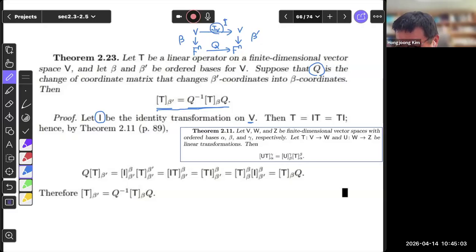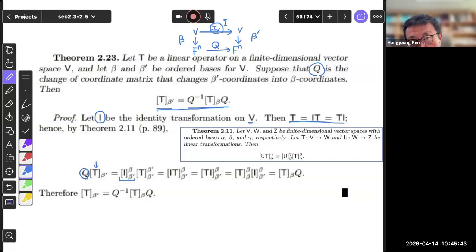Then the composite of T and identity will be just T. Now Q is the matrix representing the identity mapping, but it changes the basis from beta prime to beta.